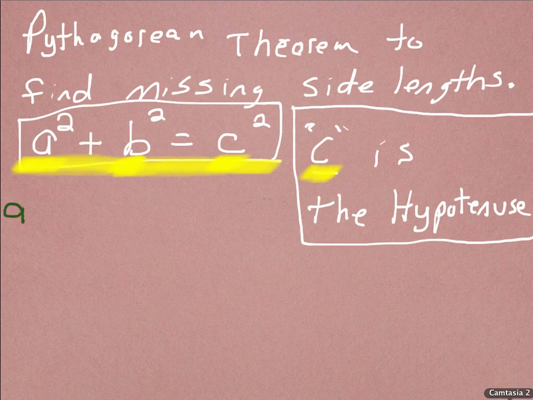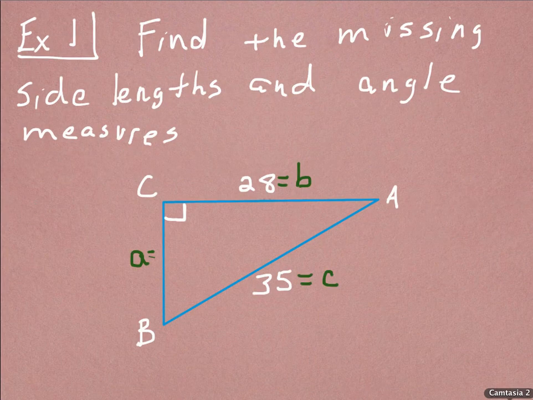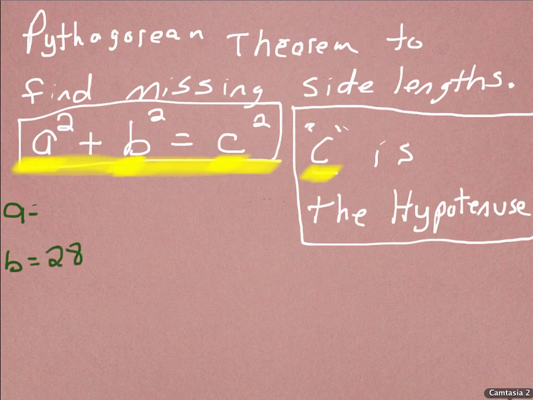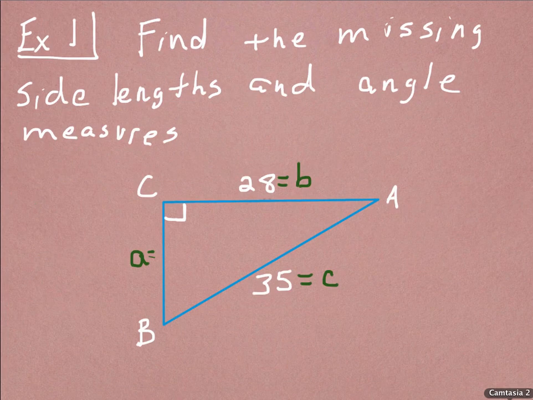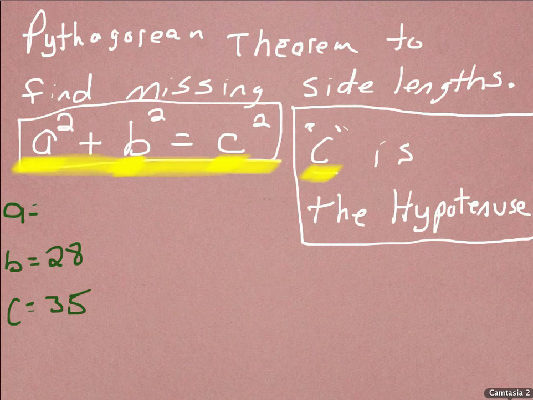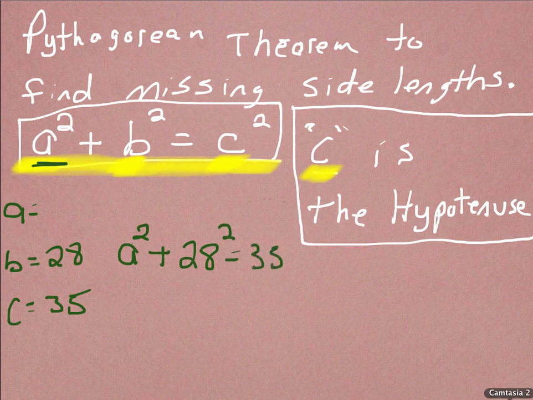I don't know A. I know B, which I forgot already, 28. And C was 35. So what I'm going to do is just plug and chug. I don't know A, so I have A squared plus B squared, which is 28 squared, equals 35 squared.